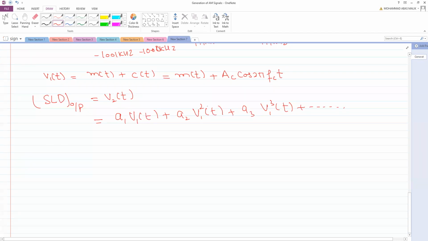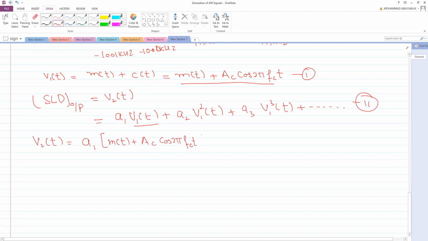Now put the value of the first equation in the second equation. What will you get? V2 of t is equal to A1 times V1 of t. It's given here. Put this value in this equation. What will you get? A1 times m of t plus Ac cos of 2 pi fc t.